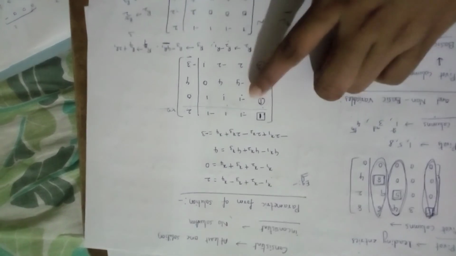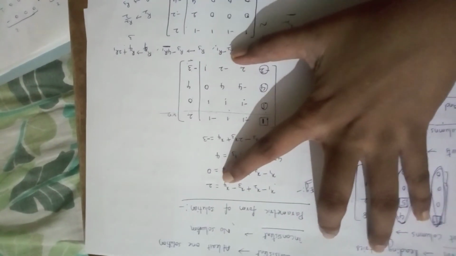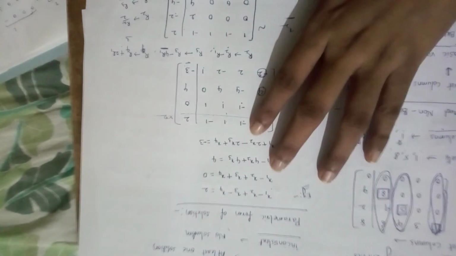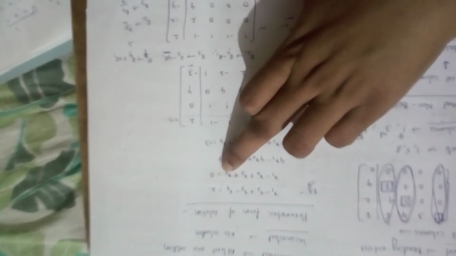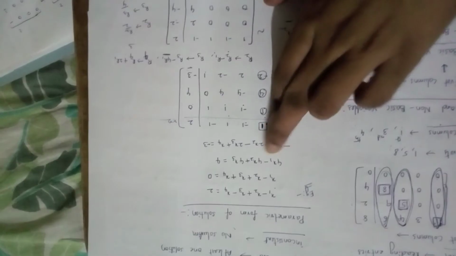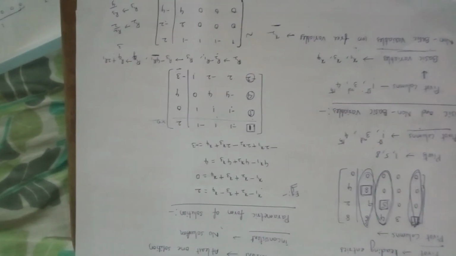So now I am writing the augmented matrix. So 1 minus 1 1 minus 1 2, this is the first row, and the second row is 1 minus 1 1 1 0, and the third row is 4 minus 4 4 0 4, and the fourth row is minus 2 2 minus 2 1 minus 3. So this is an augmented matrix.